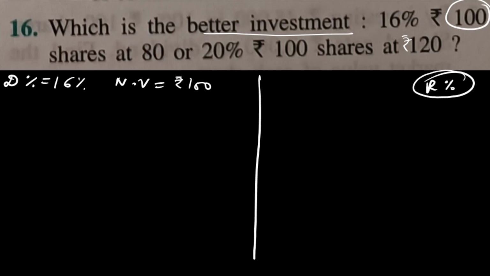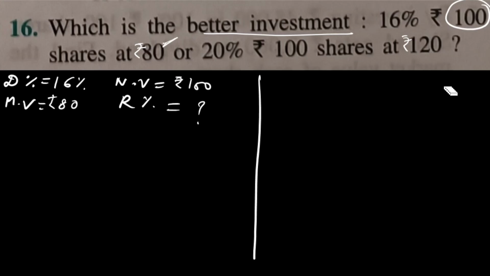Although rupees is not mentioned here, this is market value, because 100 rupee shares at 80 means 100 rupee shares are being sold at 80 rupees. So this is market value, rupees 80. So we can find return percent in both parts, and whichever is more will be the better investment.